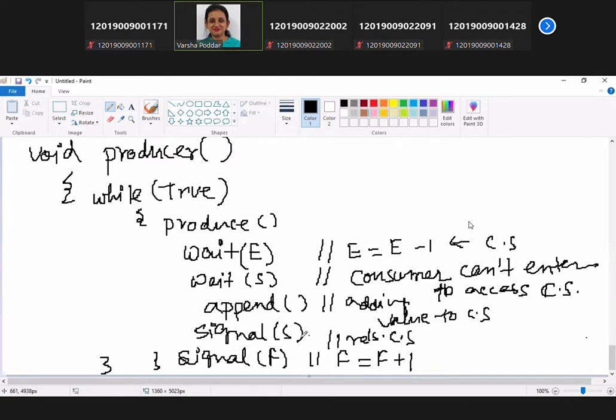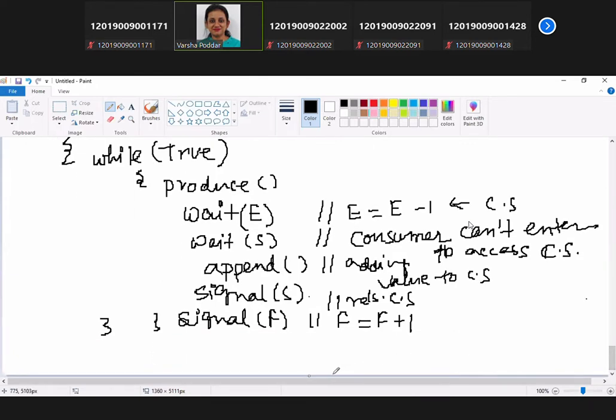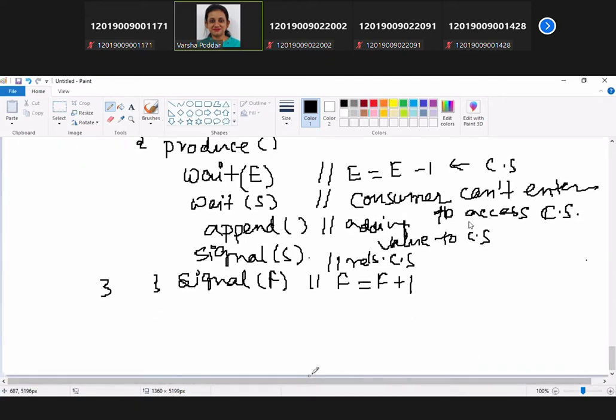This is the producer function, right? Have you understood how, using semaphores, I am accessing the value and how I am restricting the consumer from accessing the value? Similarly, I will be doing it for the consumer. Okay, just let me increase the page.